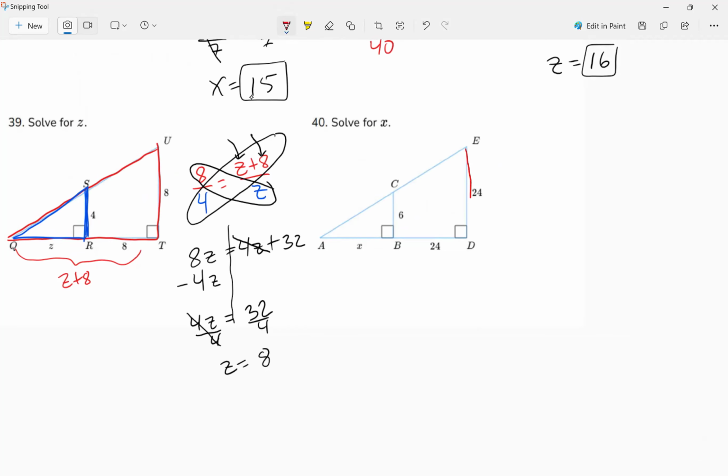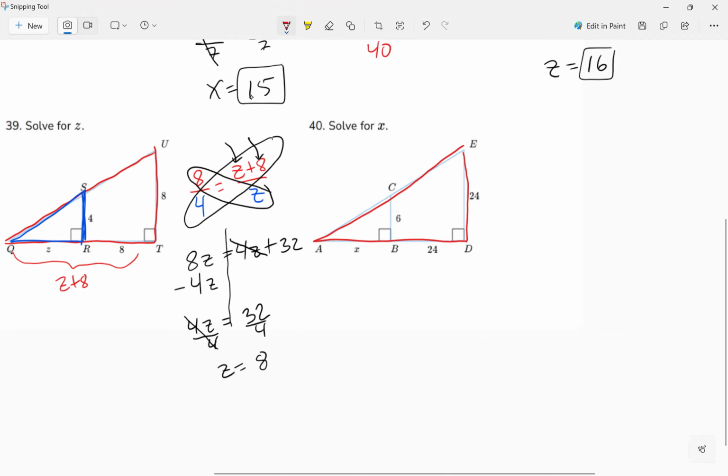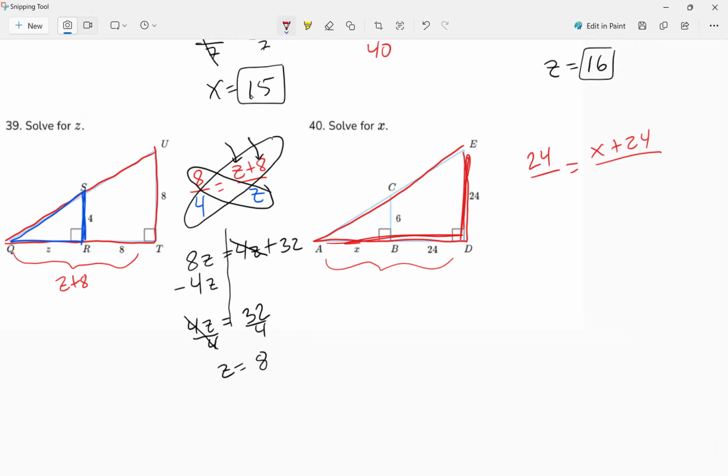So I'm looking at this big triangle. I'm going to use the values 24 and x plus 24. 24 is from the side ED. The x plus 24 comes from this bottom side. x plus 24.